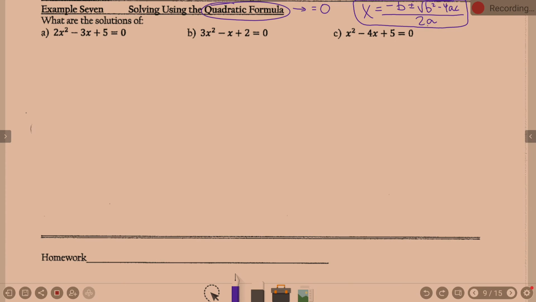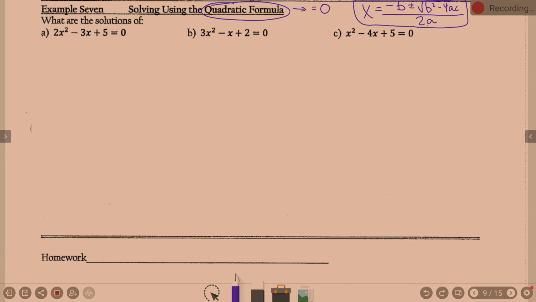Your excuse when doing homework should never be, I didn't know the quadratic formula, so I couldn't do homework. That's not a valid excuse in my mind. A, it's in your notes. B, can you always Google the quadratic formula? Yeah. You guys all have your phones sitting beside you when you're doing homework. So Google the quadratic formula. Or you're on Math Excel, which means you're on your iPad. Google the quadratic formula. No excuses not to be able to get the quadratic formula.